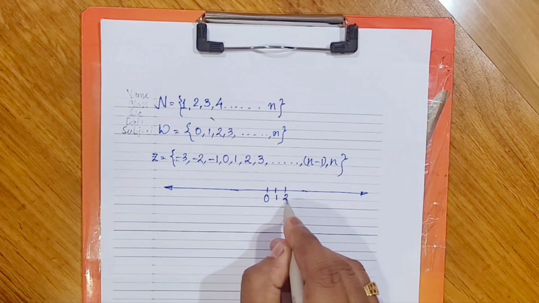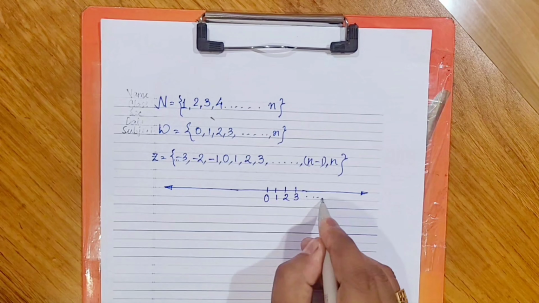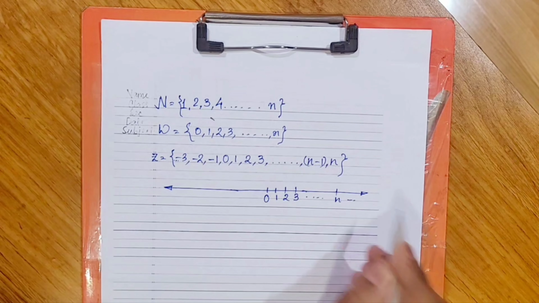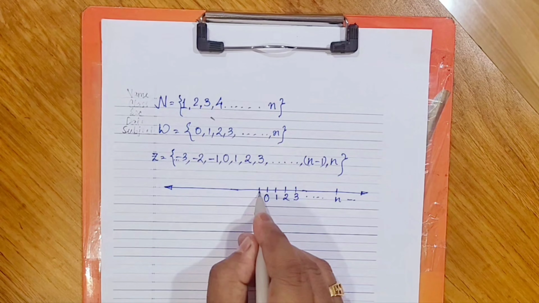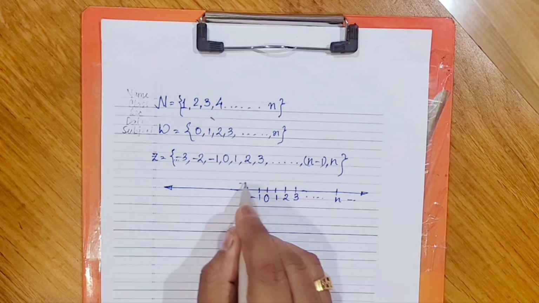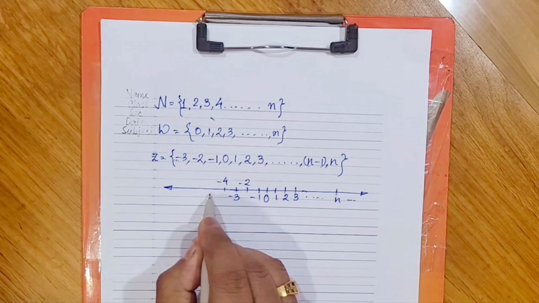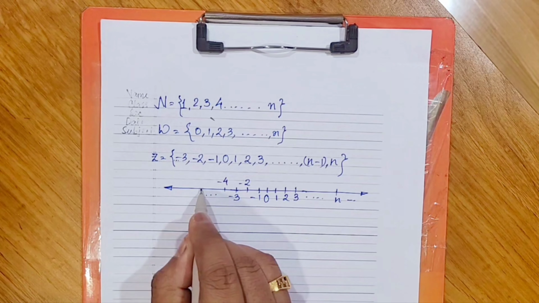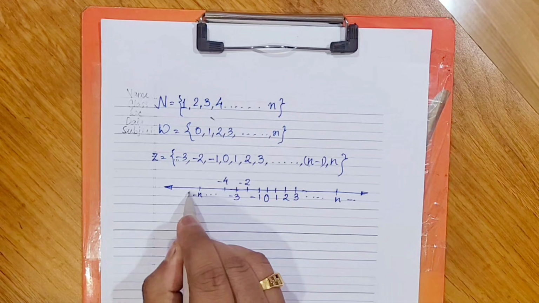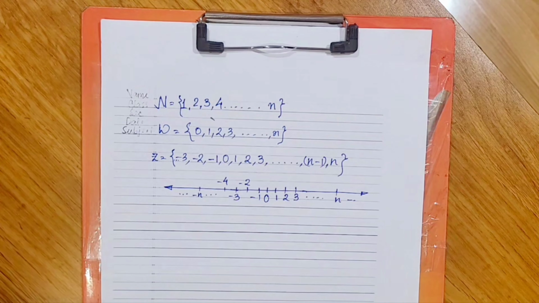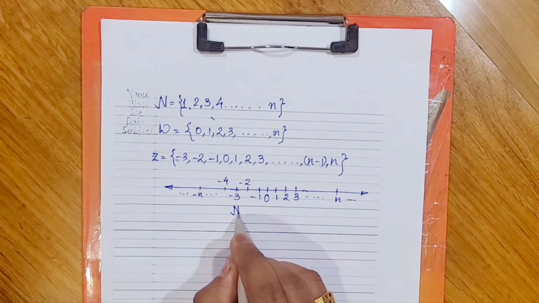So 0, 1, 2, 3 till n and so on. On the opposite side, minus 1, minus 2, minus 3, minus 4, minus n and so on. So this is your number line.